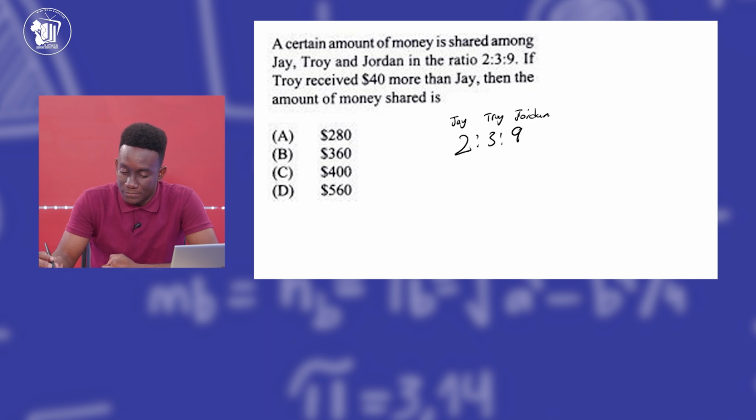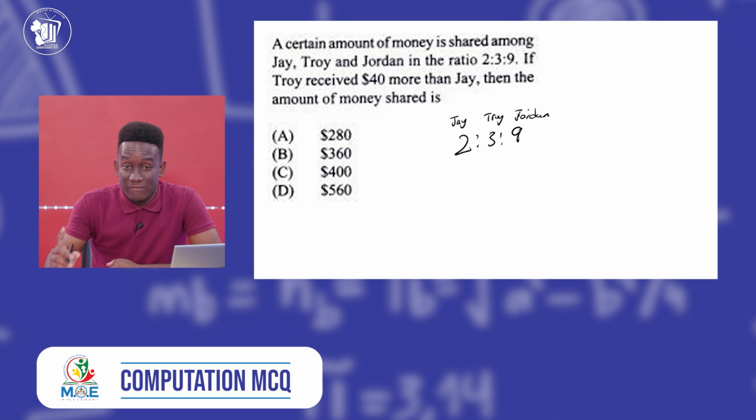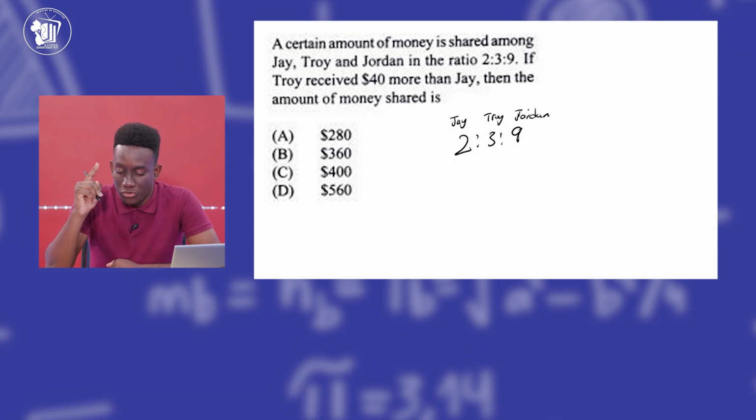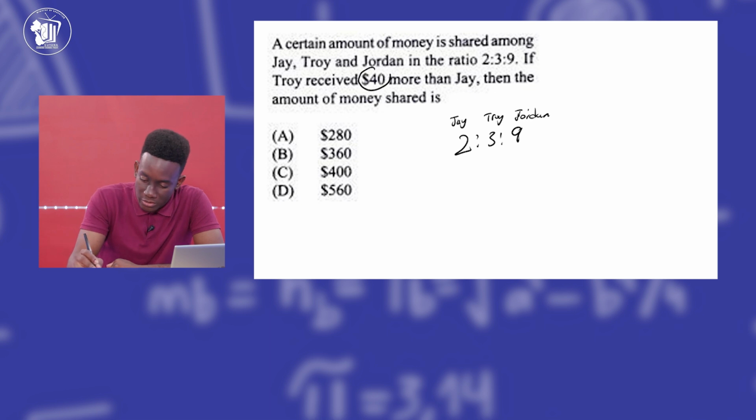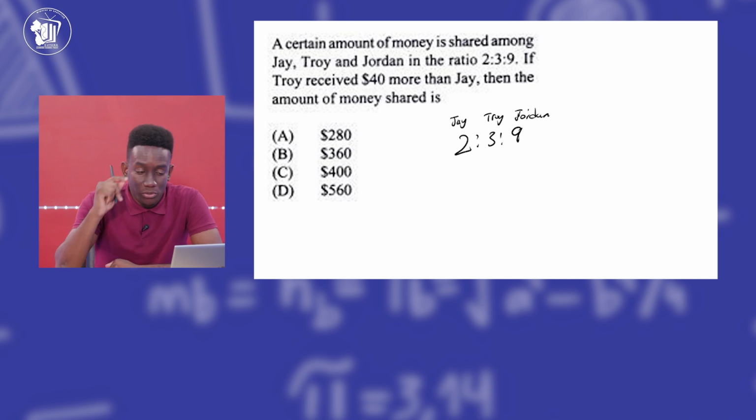Troy received $40 more than Jay. As we can see, Troy received 1 extra share than Jay, so that 1 extra share will amount to $40. The most important thing when we are dealing with ratio is to find the value of one share.